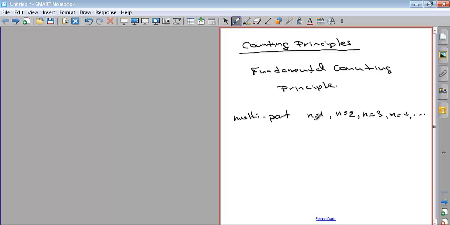I actually wanted to use a subscript of 1, so I'm trying to think of another letter. Let's use m. m is the number of choices for each step.